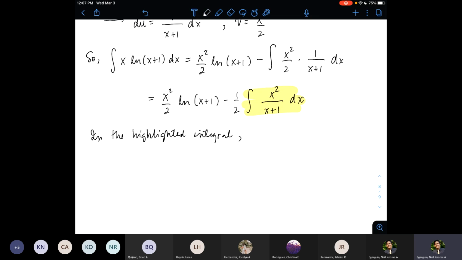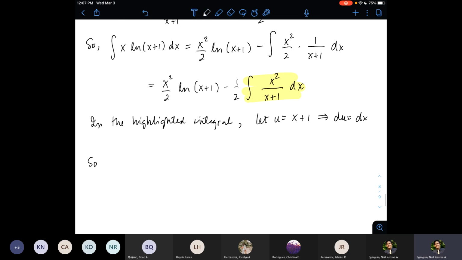So what we'll do here is, in the highlighted integral, I will let u be equal to the denominator, giving us du equals dx. So the integral of x squared over x plus 1 dx is equal to, with the u substitution, dx replaced by du, and u in the denominator. But we need an expansion for x squared in terms of the variable u.